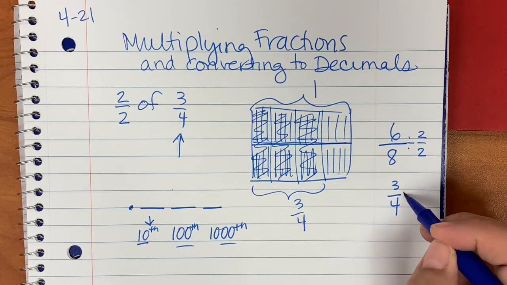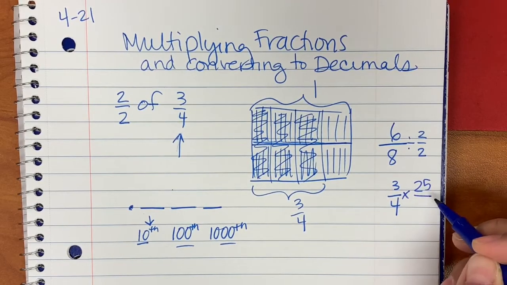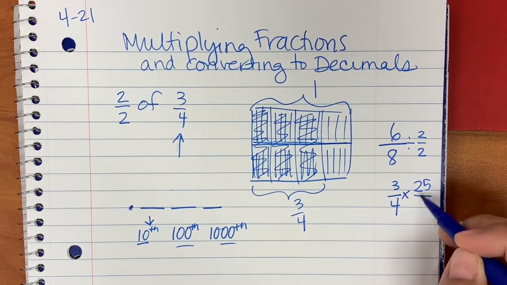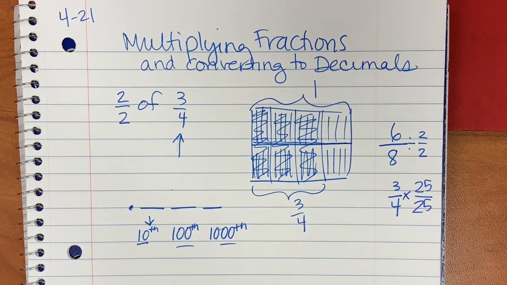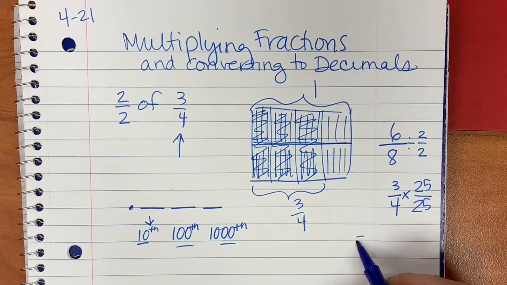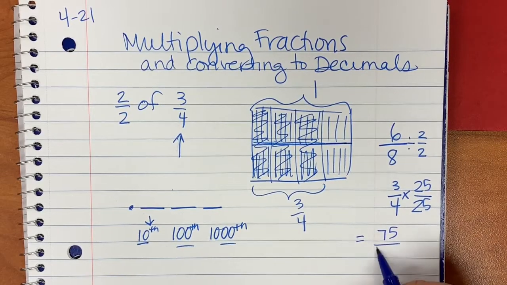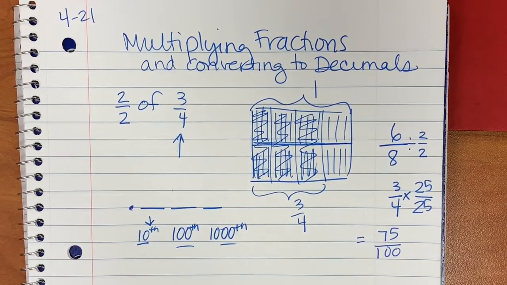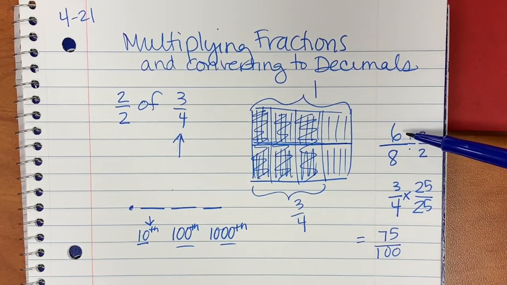And don't forget it needs to be an equivalent fraction. So this needs to be equivalent to 1. So if we multiplied by 25 over 25, I'm thinking like quarters, then that would give us 3 times 25 is 75 over 100.